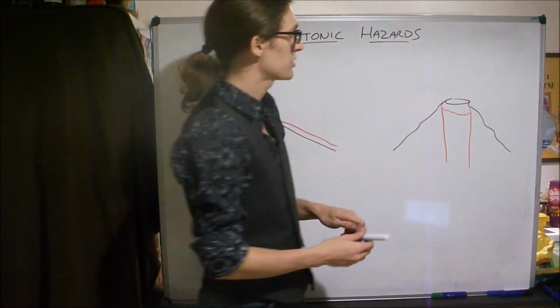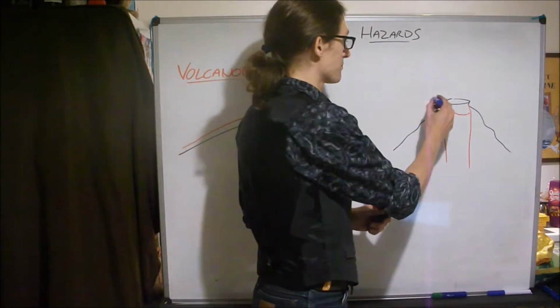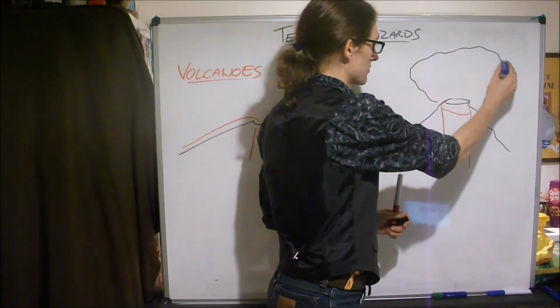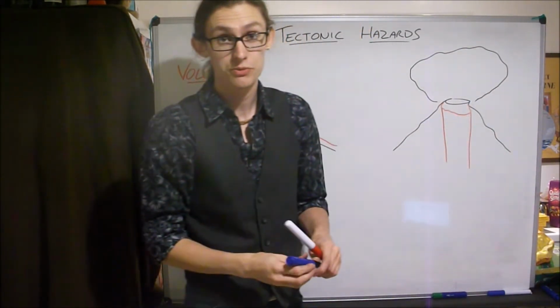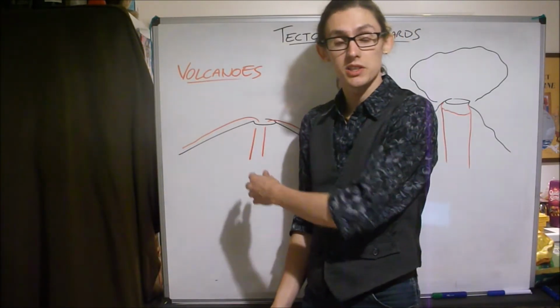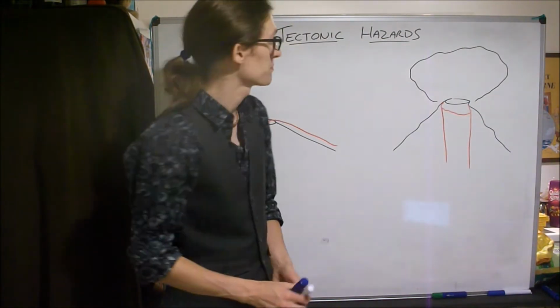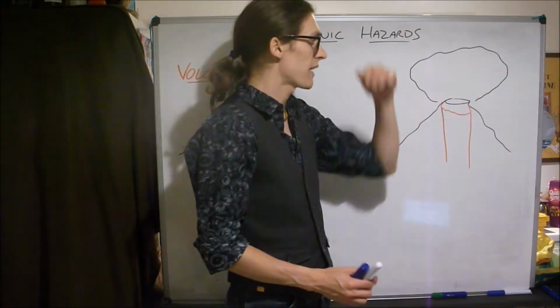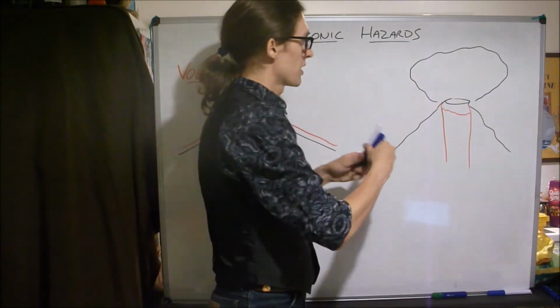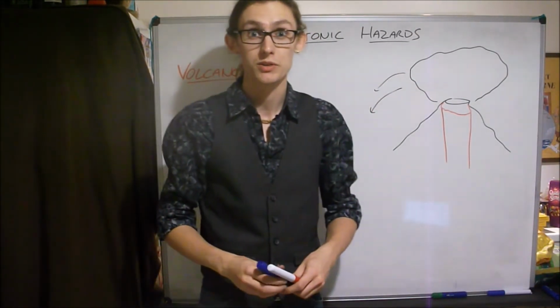Now this causes a huge cloud of ash. And you can get ash from divergent margins, as we found in Iceland, but that's a slightly different process which we will look at afterwards. But you get a huge amount of ash which comes out and rains down on the land below it.